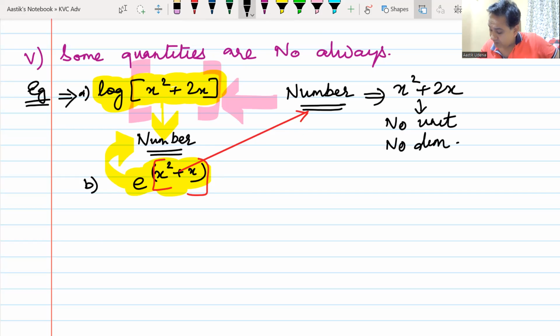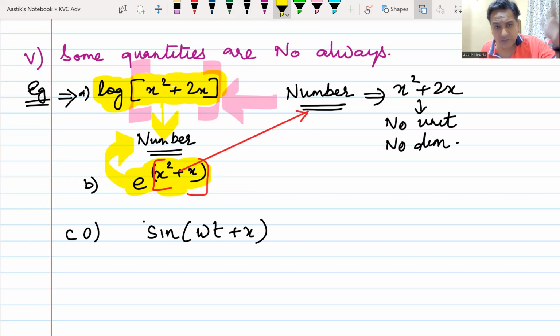Similarly, last point, point C, sine of something, omega t plus x. Let us say sine of omega t plus x, or cos of omega t plus x, or tan of omega t plus x. This entire thing is a number.